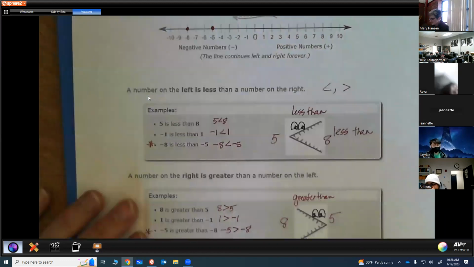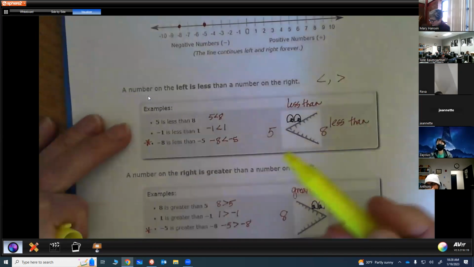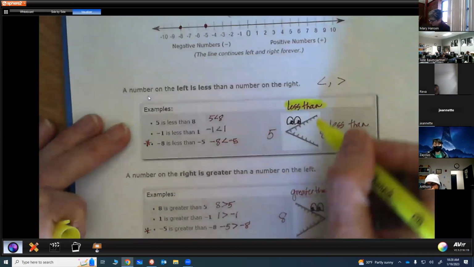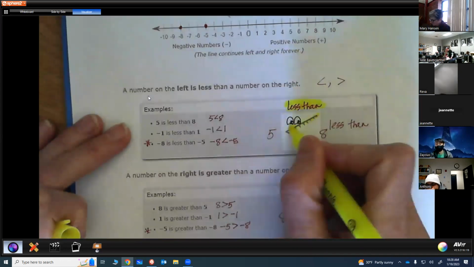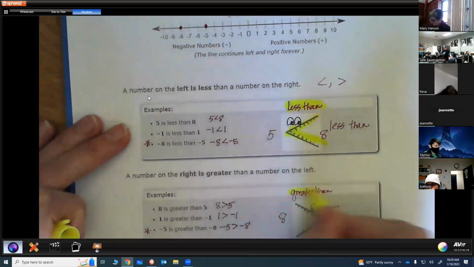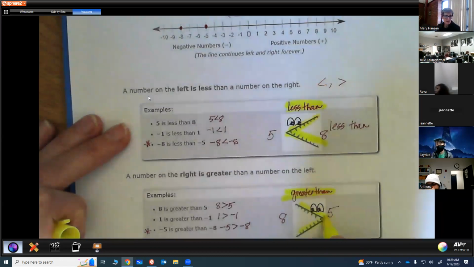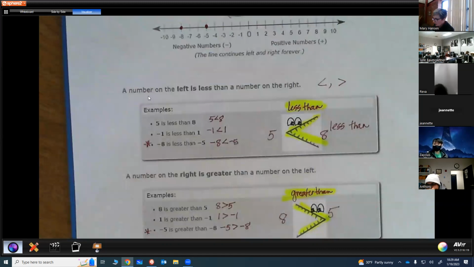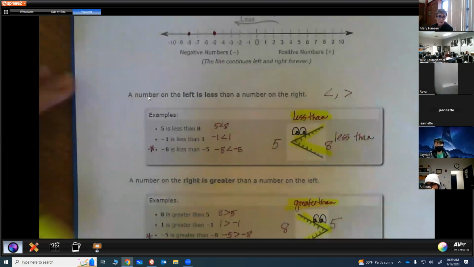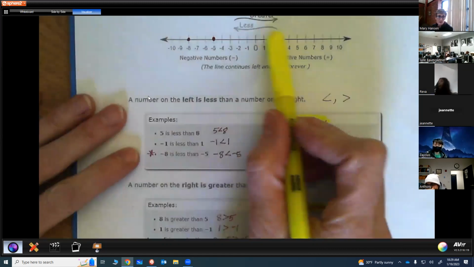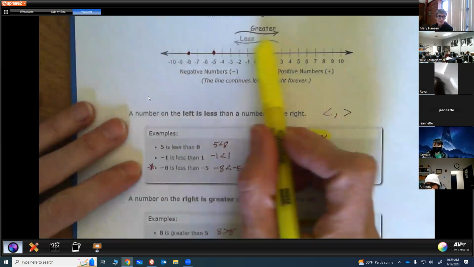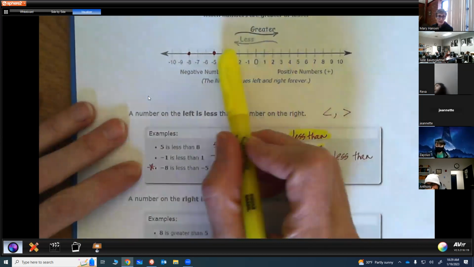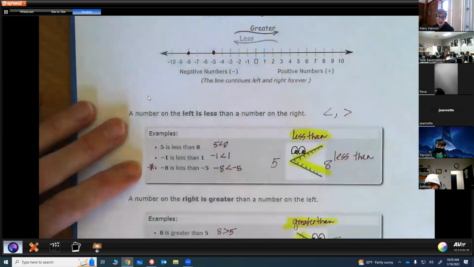We talked about less than and greater than, and that those symbols are important for you to know. On a number line, when we move to numbers to the right, those are getting bigger. And as we move to numbers on the left of the number line, those numbers are less.